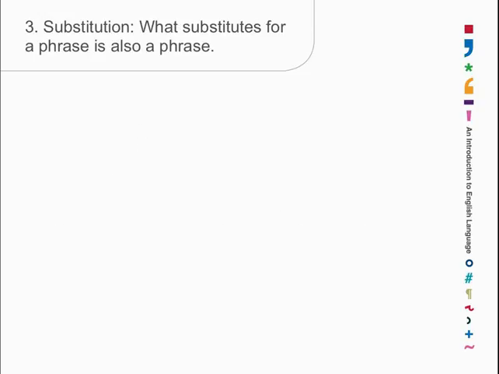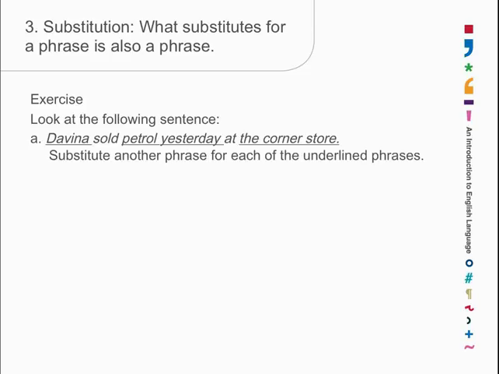Look at substitutions. If we take the sentence, Davina sold petrol yesterday at the corner store, then we can substitute various kinds of things for Davina. My sister, for example. My sister sold petrol yesterday at the corner store. The old man in the leathery coat sold petrol yesterday at the corner store.